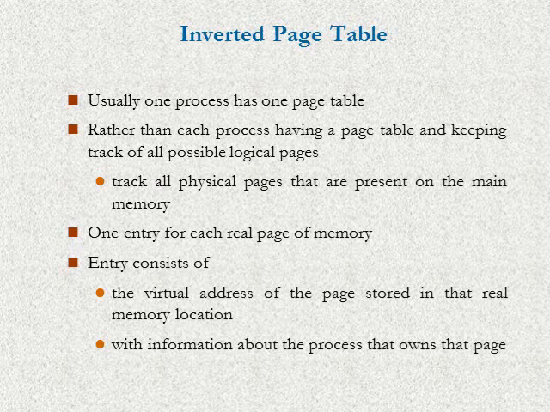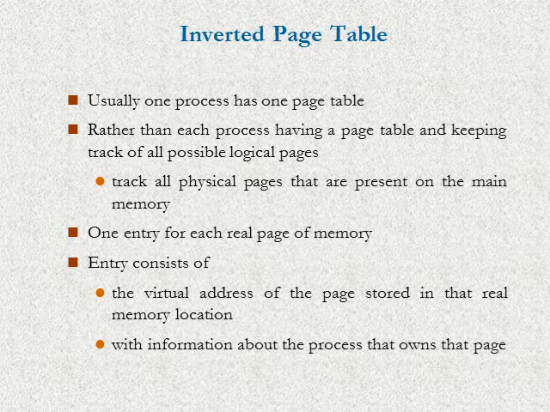And because the size of the main memory is limited, it is also possible that not all of the pages associated with a process are stored in the main memory. So even if the pages are not stored in the main memory and we do not have any frame translation for each page associated with a process, still we may need to store that entry in the page table.